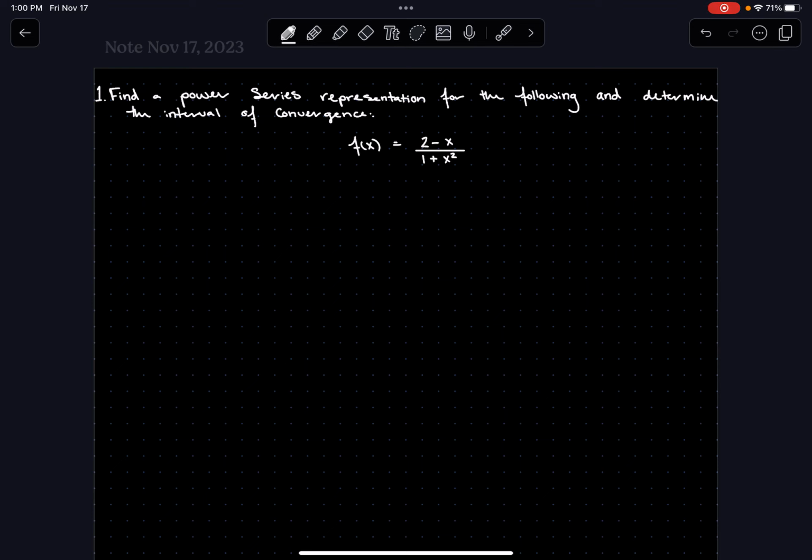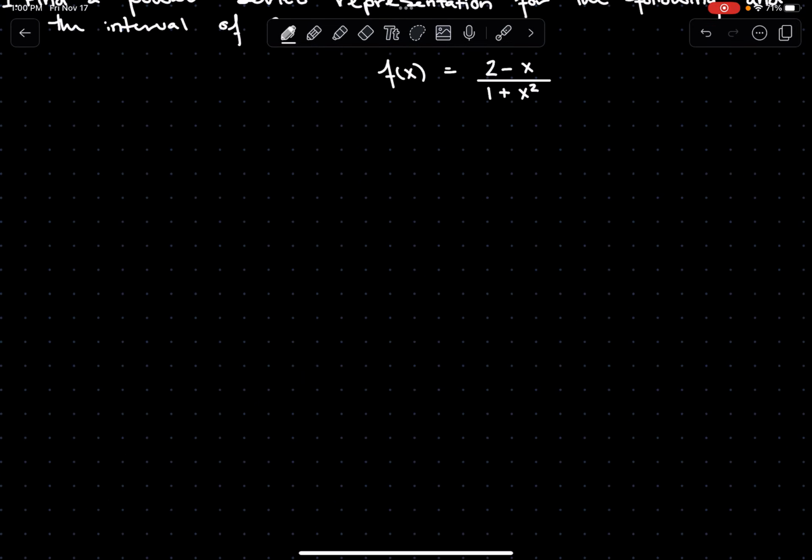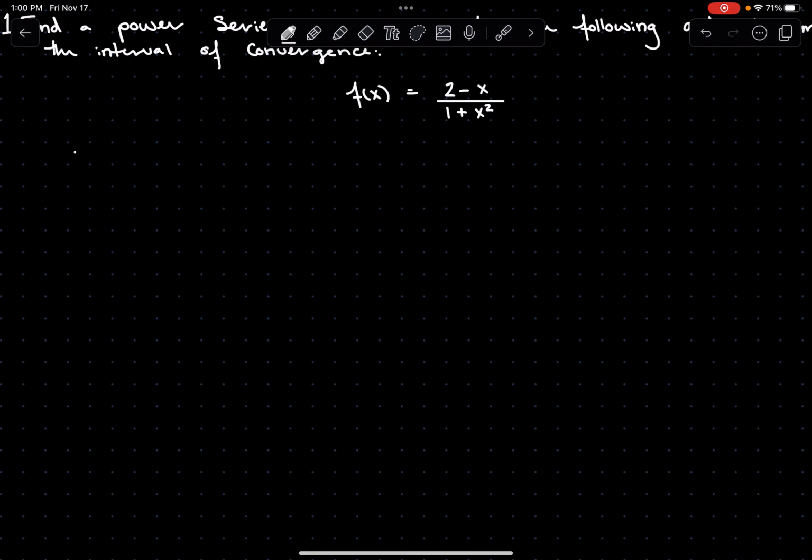So I'm going to do some manipulation to it first. We'll split it up as f of x equals 2 over 1 plus x squared minus x over 1 plus x squared.